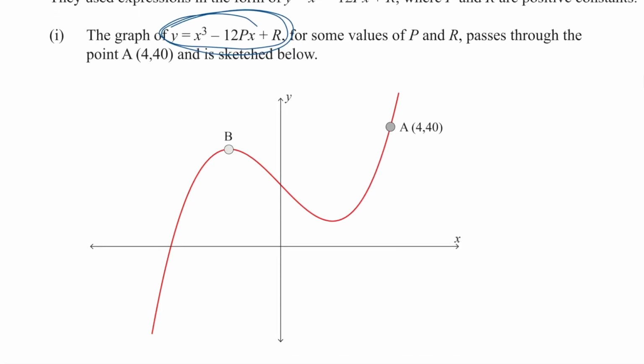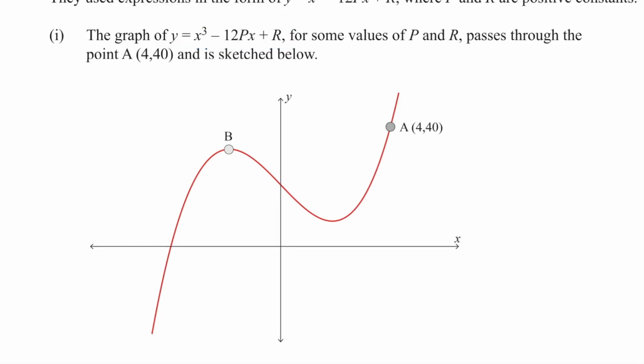And so the question is to find an expression for P in terms of R. Cool. So, we could start here, right? We have an equation that has an input x and an output y, and the two unknown constants, P and R.